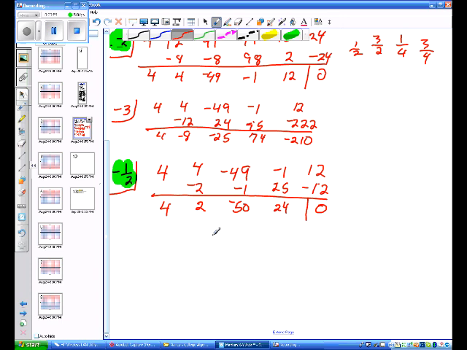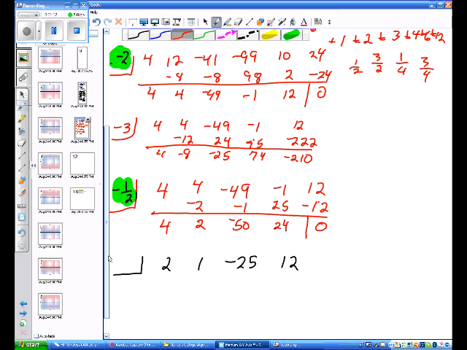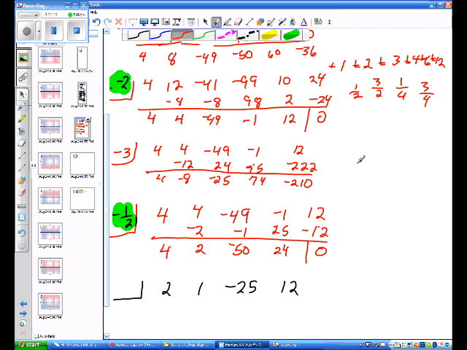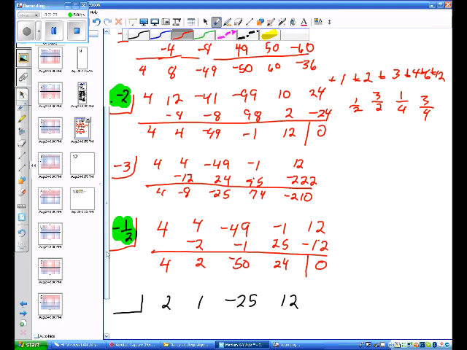But remember, this is another factor, and we've got it set equal to 0, so we can factor out a 2 for that factor. Let's do that just to make our numbers smaller. And that means we've got factors of 12 divided by factors of 2. Up here we had all of our factors of 12, and we can now eliminate the ones divided by 4. We're doing our negative numbers.